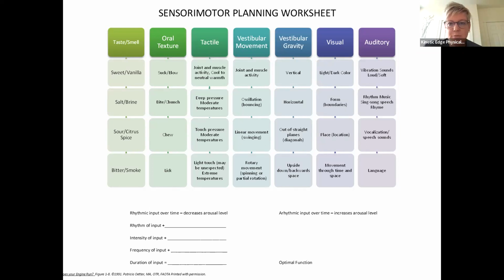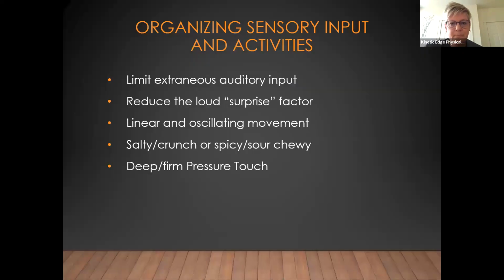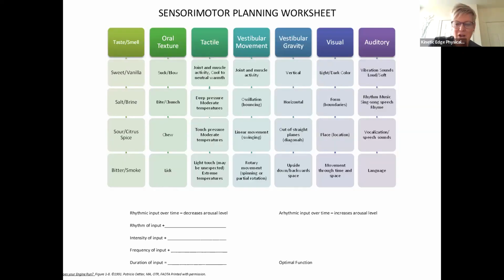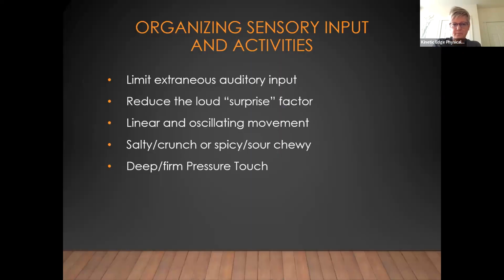So, all right, the next few slides are just, remember I talked about the middle 3 columns and the middle 2 rows of this chart, as being organizing. So we're just going to break that down a little bit for your classroom settings.